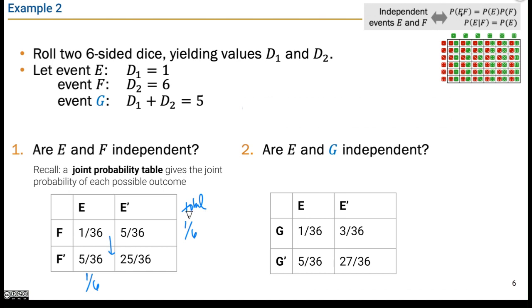Then in order to be independent, I need the product of these totals to equal the joint probability in the middle of the table. And I can notice that one small change to the table will change whether or not it's independent. So again, this row looks the same here with E, but now with G, you can see my total here ends up being 1/9. And now the 1/6 times the 1/9 does not equal the middle. And so this is an example of two events that are not independent.